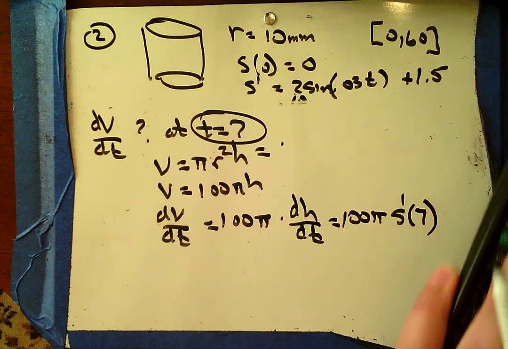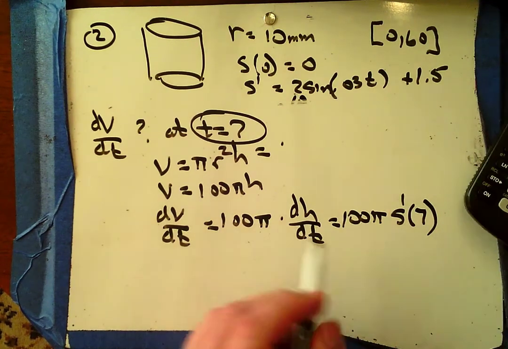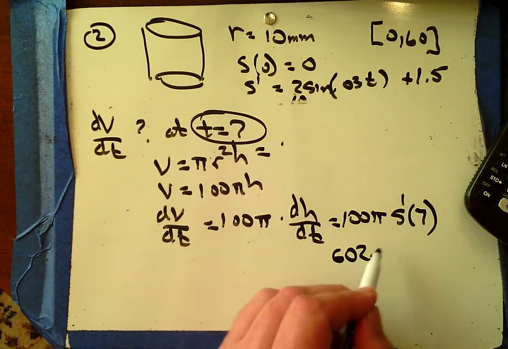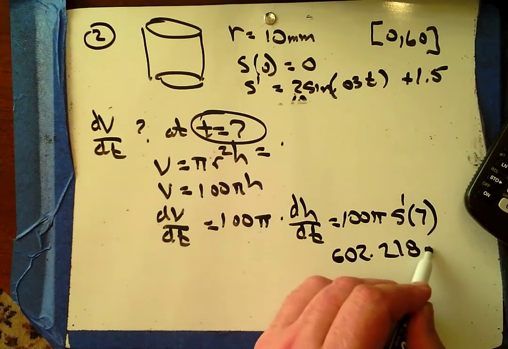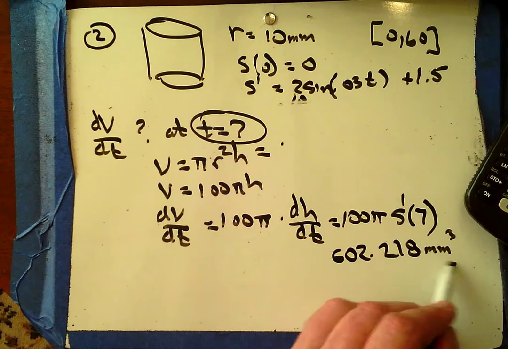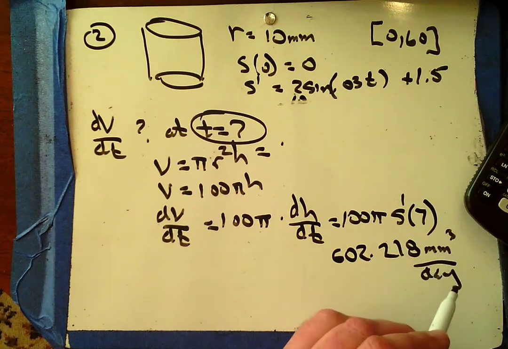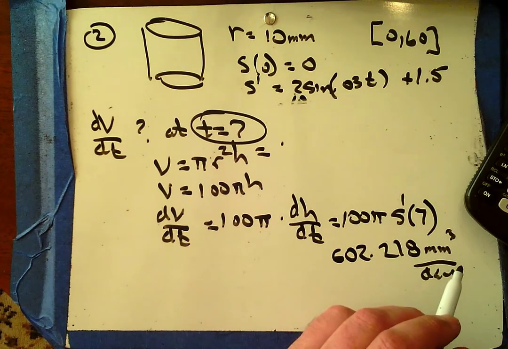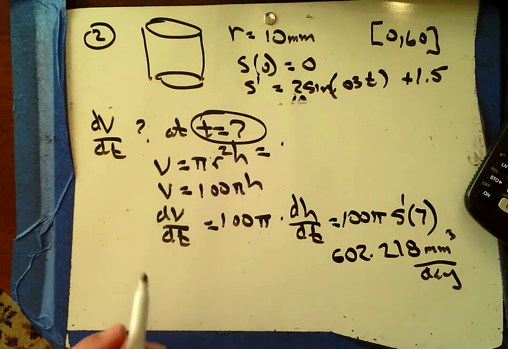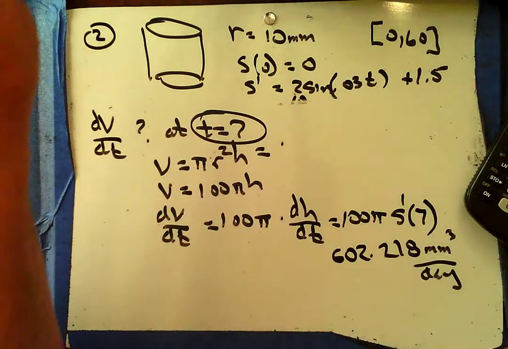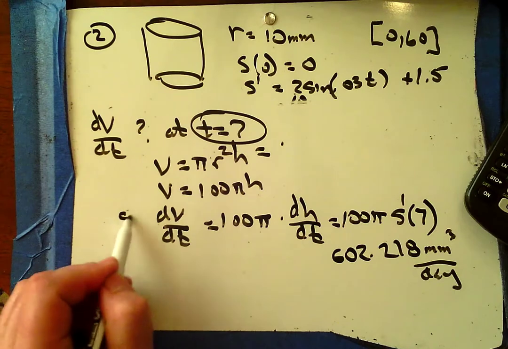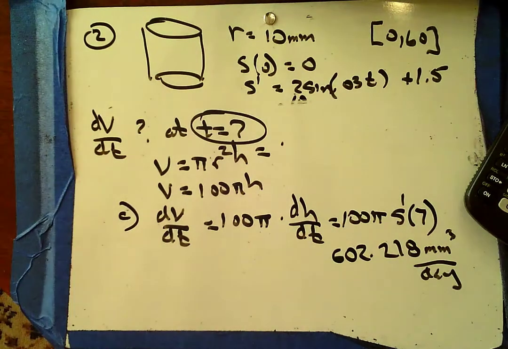And when I do that, I get 602.218 millimeters cubed per day. Is it day or is it hours? Days. Okay. Great. There's part C. How about part D?